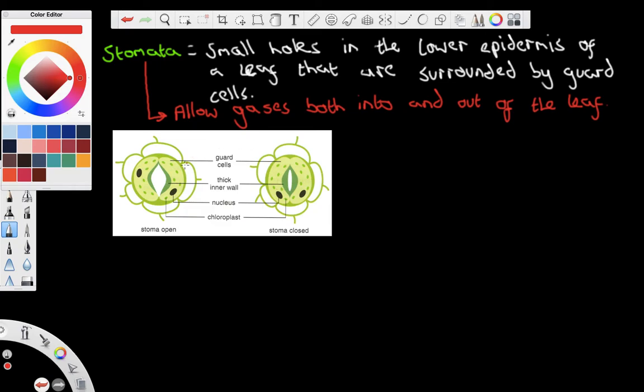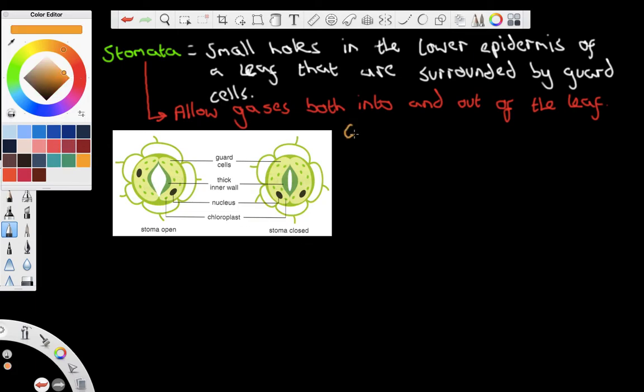So this is kind of like a little mouth. In fact, the word stomata is Greek for little mouth. So these open and close. The guard cells are like your lips. The hole in the middle of your mouth is like the stomata, and these let gases in and out.